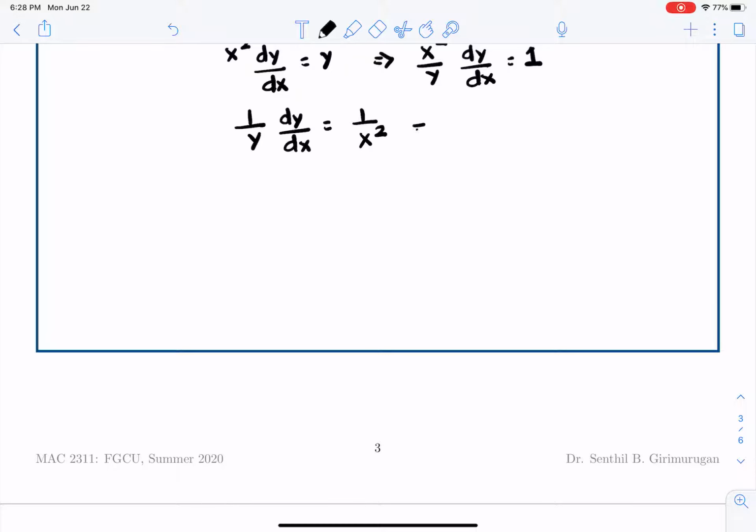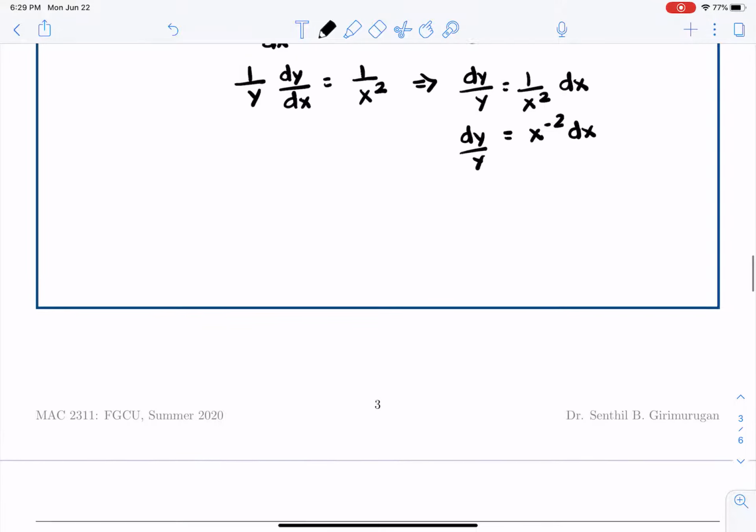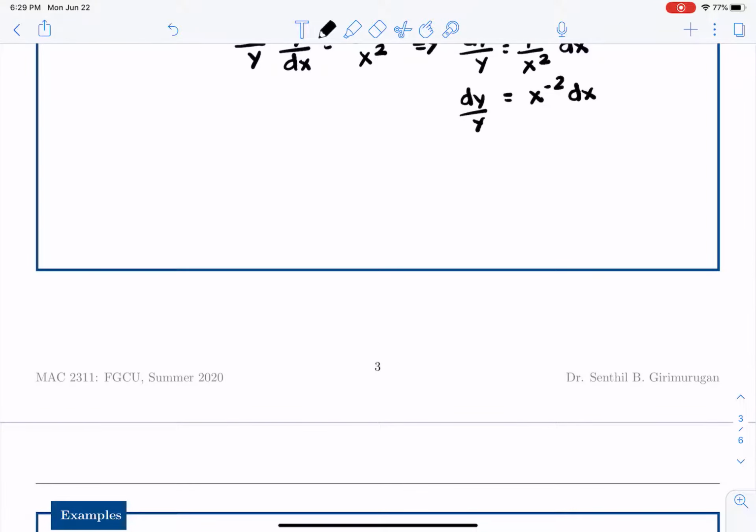Multiply by dx, we will get dy over y equals 1 over x squared dx. I could rewrite 1 over x squared as x raised negative 2. Now I can integrate on both sides because I have all the x terms on one side and the y terms on the other side. So integrate on both sides.